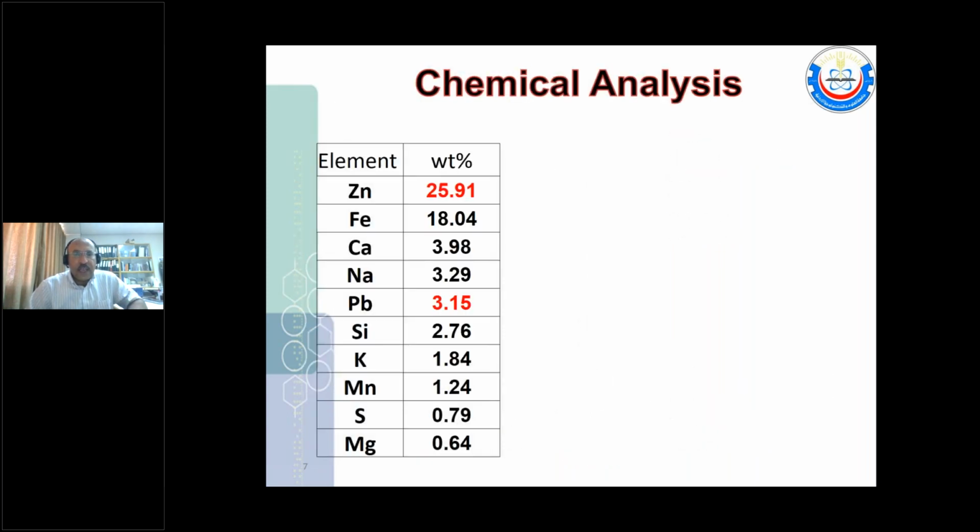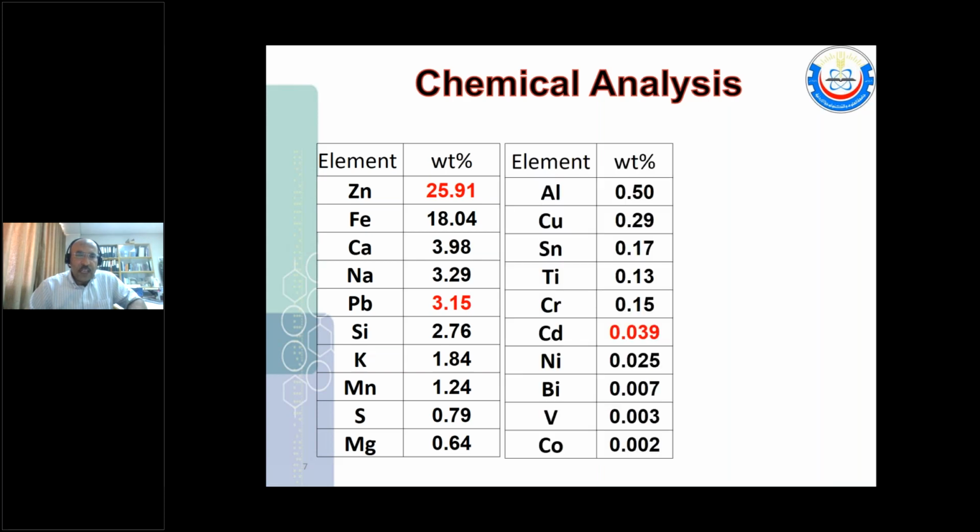Okay, we did chemical analysis, so we digested one sample or several samples and took the average. And as you see from the chemical composition, we have in a real sample collected from Jordan very high concentration of zinc, certainly high concentration of iron, lead in good quantities, and also you can see cadmium, which is a very, very toxic element, in addition to the other elements that you can see in this table.